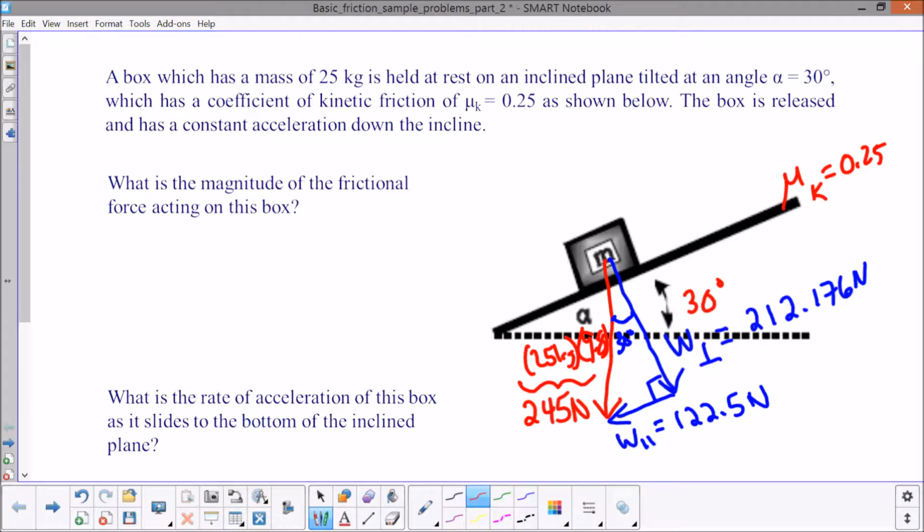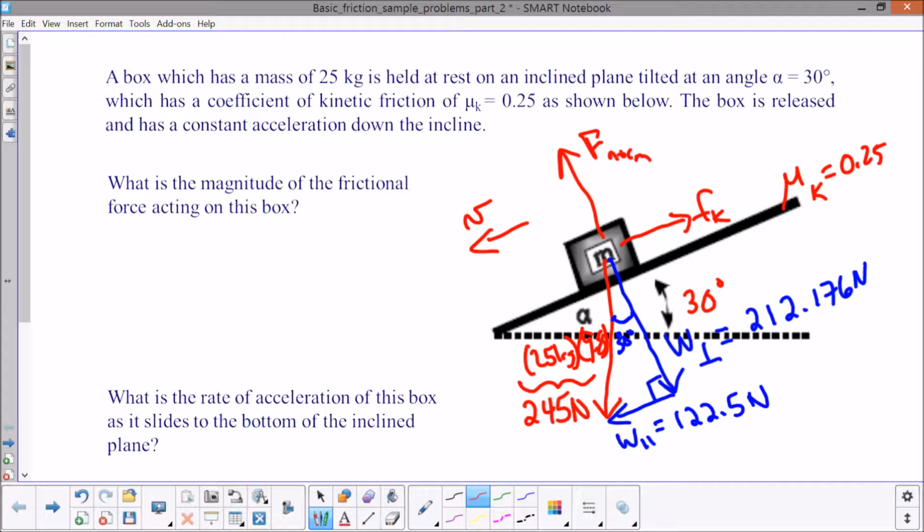The other forces that we have acting on this box are the friction on the box, and this box was released from rest and it slides down the ramp. So since it's moving down the ramp, that means that the force of kinetic friction is acting up the ramp, opposing the direction that the object is sliding. The other force that we have acting on the box is the normal force.